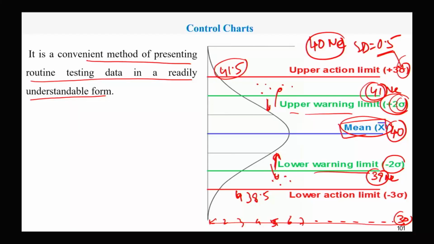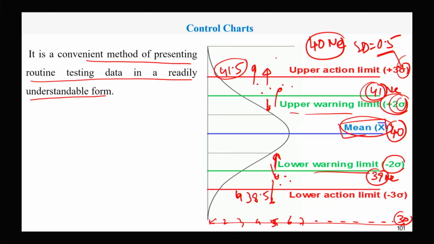But once it crosses the upper action limit or lower action limit, when the count is finer than 41.5 or coarser than 38.5, then we must stop and take action.